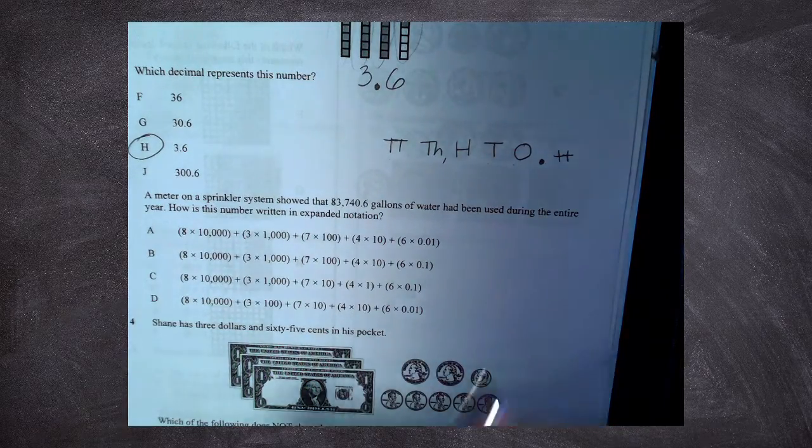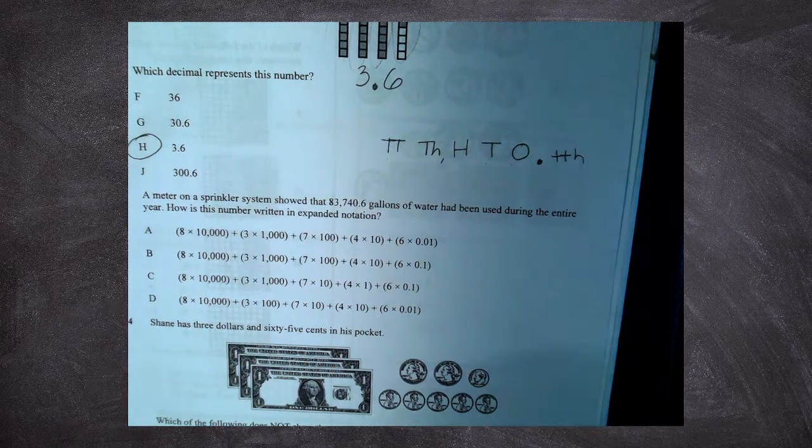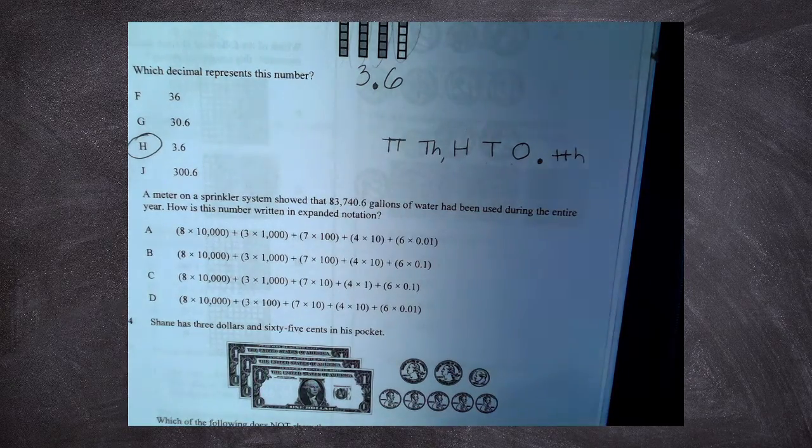So I can remind myself, this is a decimal. I also told you all that anytime I have a place value chart, that place value chart has decimals on it. But there are certain things that I write on top of those decimal place values.